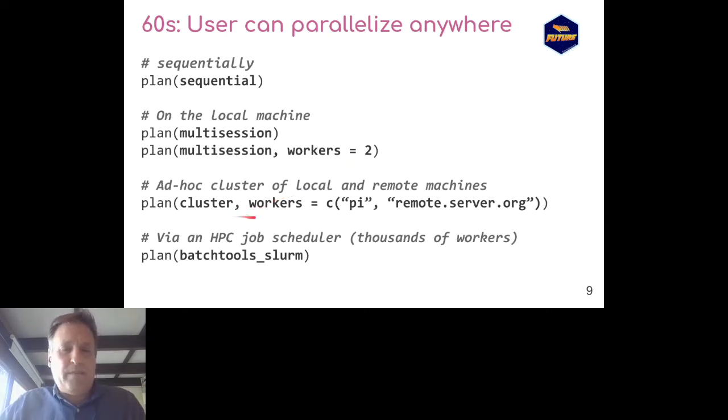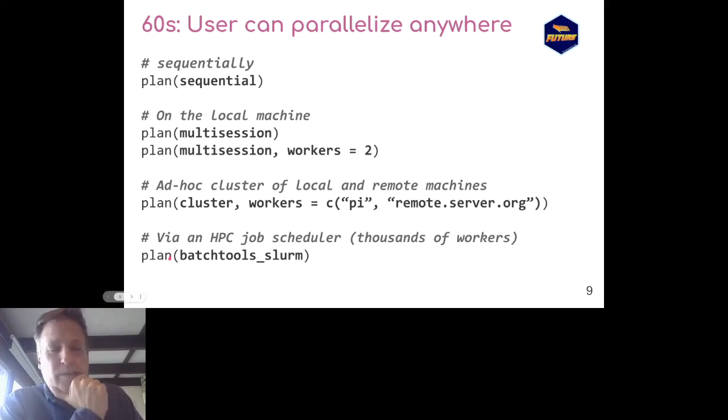And here is an example where one worker is running on a local Raspberry Pi and another one is running on a remote machine. So this sets up 2 parallel workers. Some other users might have access to large high-performance compute clusters with thousands of workers and many hundreds of nodes, and each node has many hundred cores.